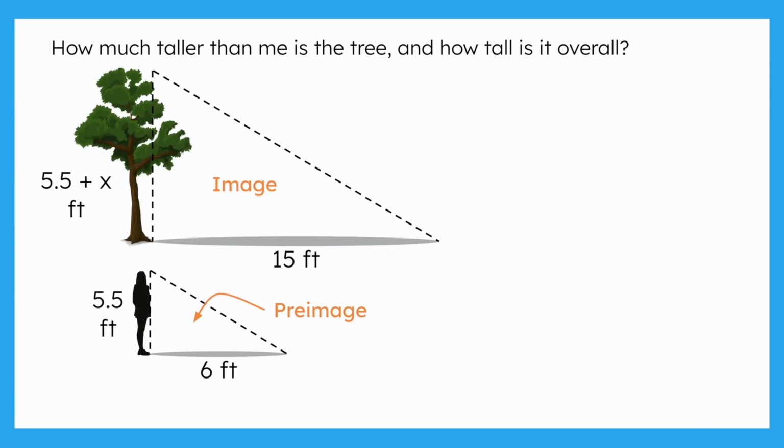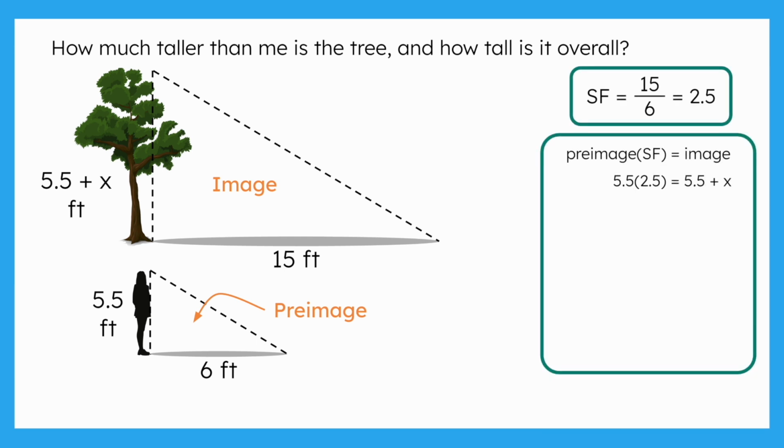Using the bigger triangle with the variable as the image and the smaller triangle as the pre-image, our scale factor is 15 over 6, or 2.5. Our equation will be 5.5 times 2.5 equals 5.5 plus x.